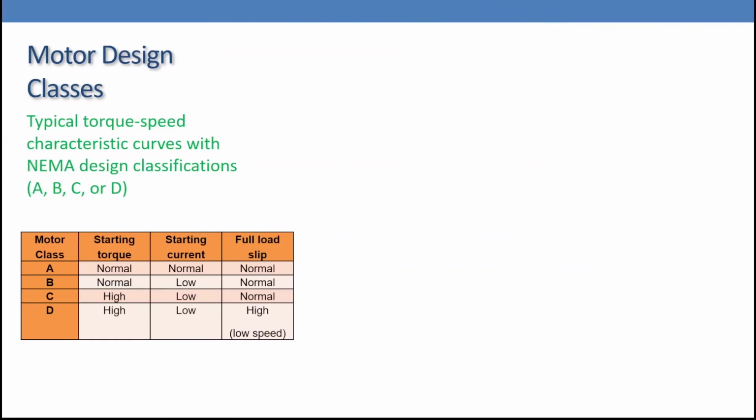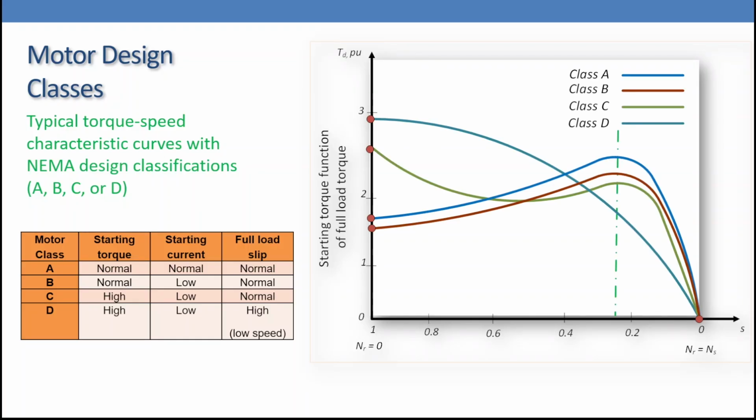The typical torque speed characteristic curves with NEMA design classifications A, B, C, and D are as shown in the figure. For the blue line, class A, we have a starting torque, a maximum torque, and the stable region where the machine can operate. Regarding class B, the starting torque is lower than class A by a small value, and the maximum torque is smaller than that of class A, and we can operate in the same region as well.